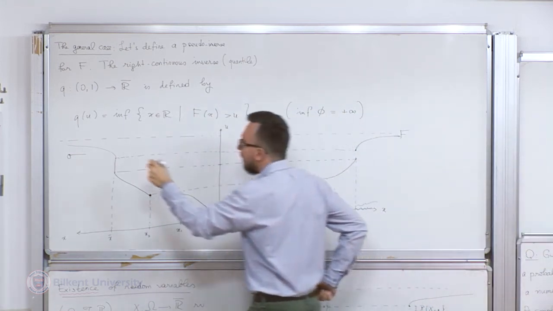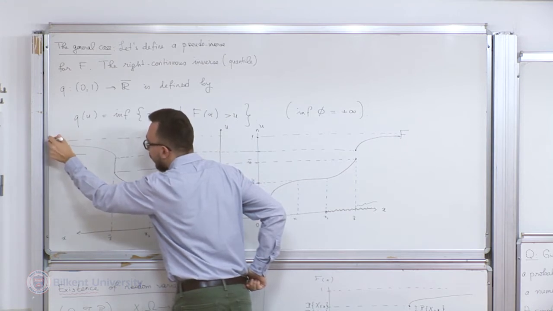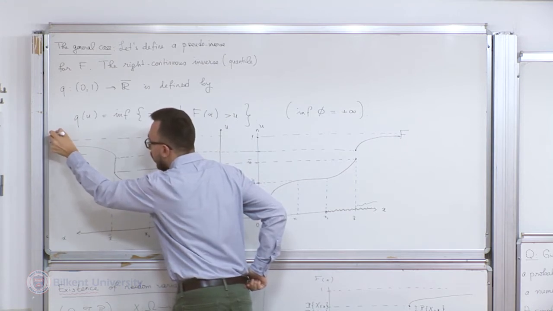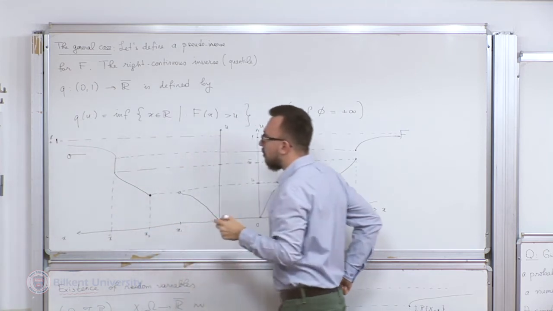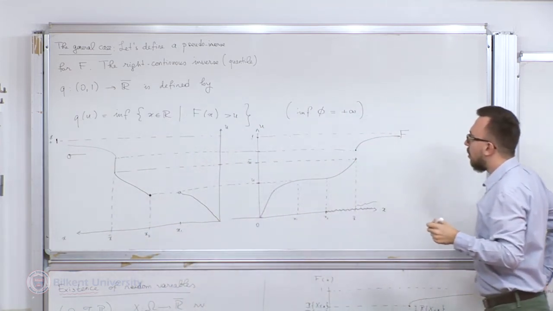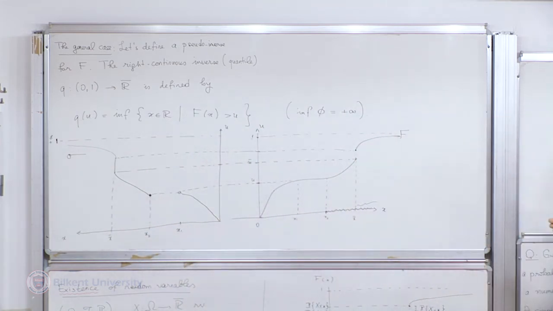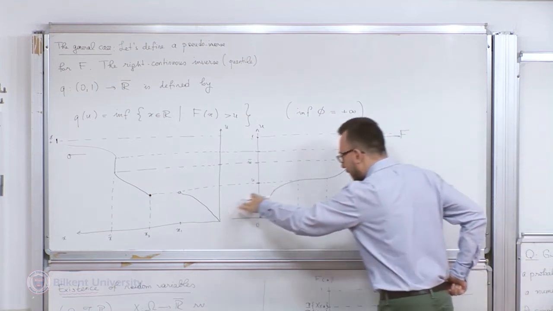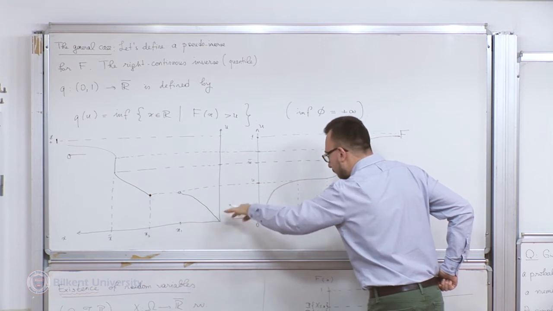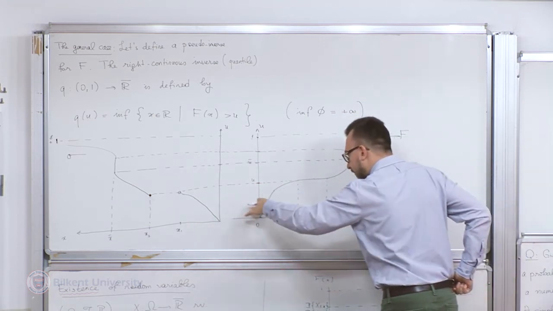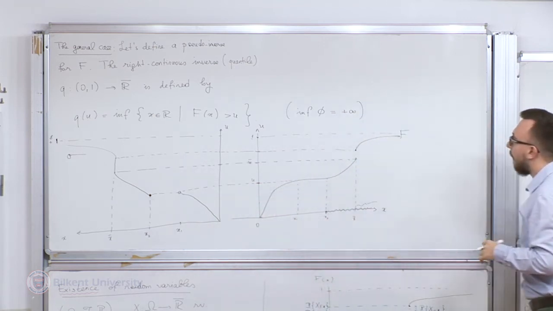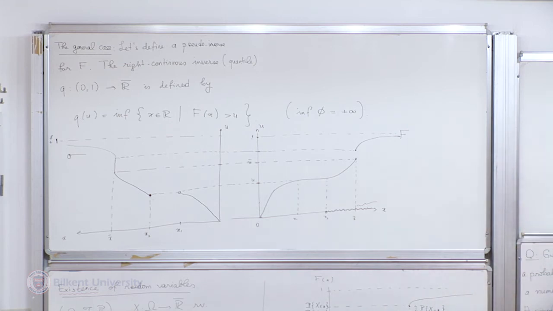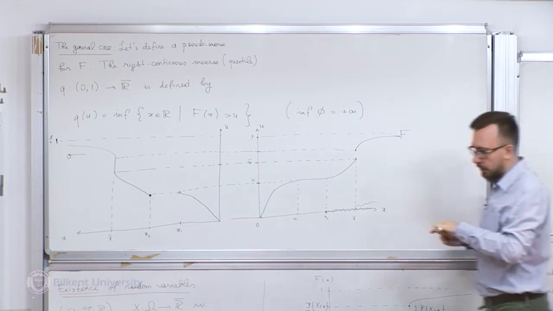So you might have a plus infinity region here. And similarly, there might be a minus infinity if you have a limit at minus infinity that is strictly above u.